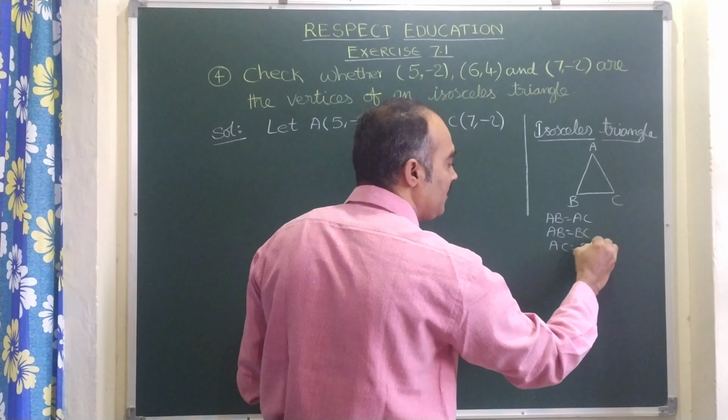So let us try. First we find the distance between A and B. Before finding the distance, let us write the formula. The distance between A (x1, y1) and B (x2, y2), denoted by AB, is AB equal to under root (x2 minus x1) whole square plus (y2 minus y1) whole square.